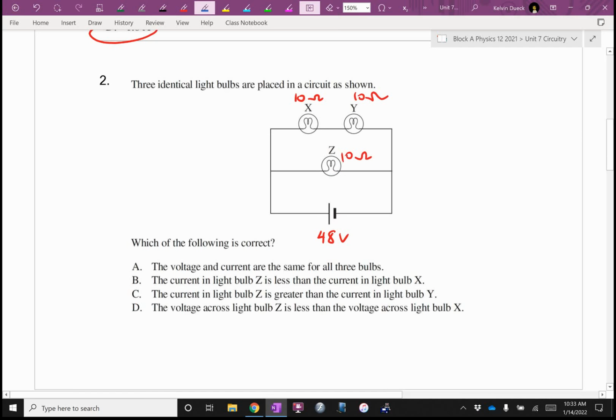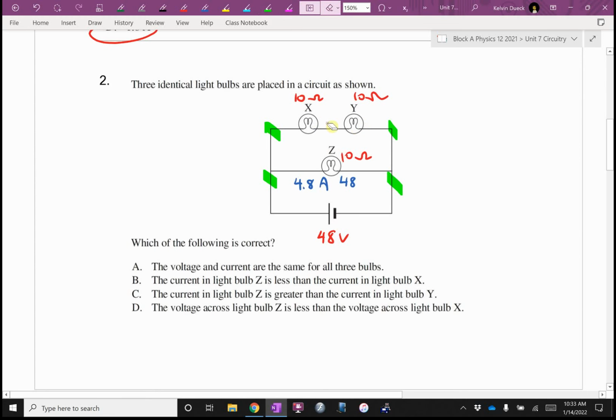In my made-up example, 48. How many amps go through Z? I guess in my made-up example, 4.8 amps. So, how many volts from here to here? Also 48. Now, it's not 48 plus 48.